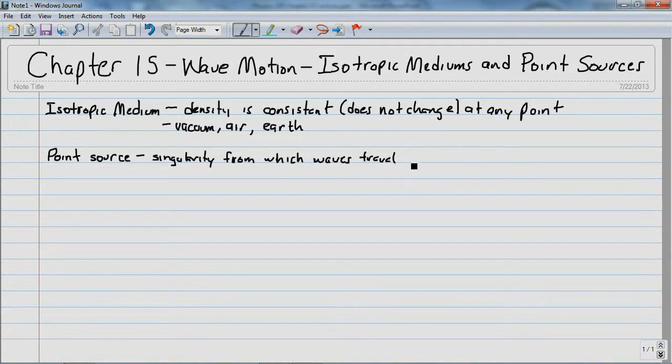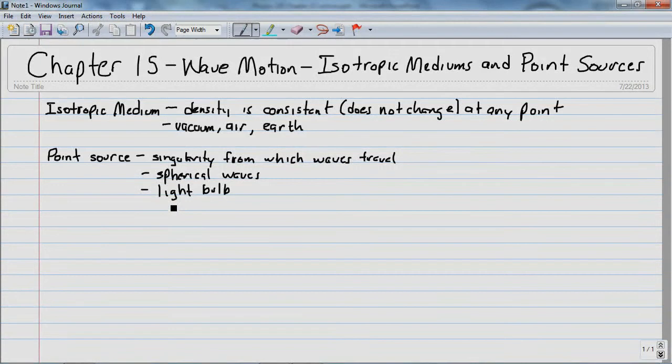And because it's a point source, it's going to have spherical waves. Now, the best example that I can come up with for a point source is a light bulb.